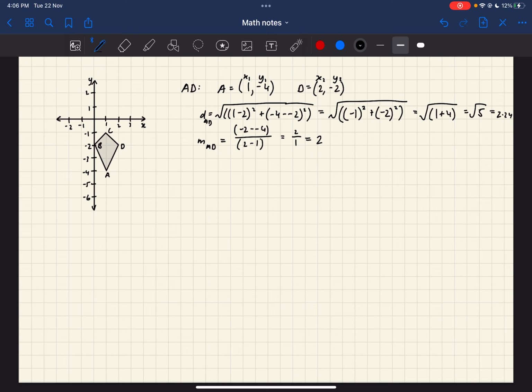So no sides of ABCD are parallel because all gradients are different.